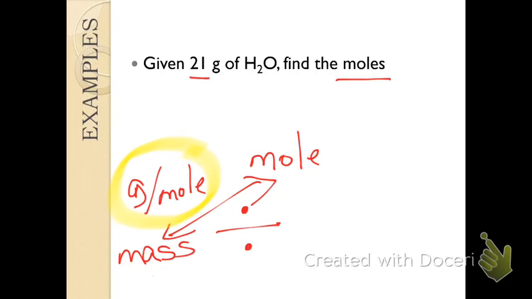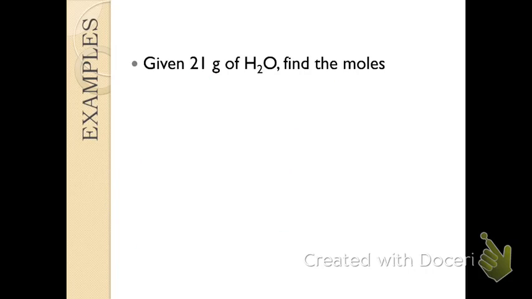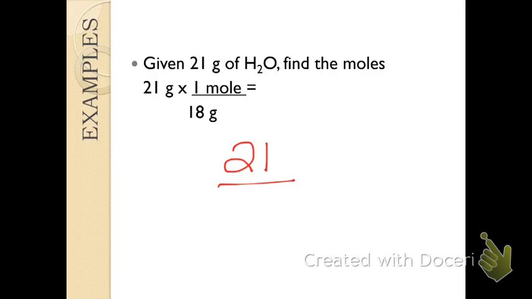Okay? So, when we do the problem, we take the 21 grams of water and we divide it by the molar mass of water, which is 18 grams. So clear your calculator, and on your calculator we're going to put 21 divided by 18 and push your equal sign.